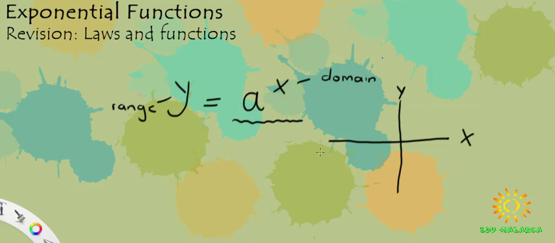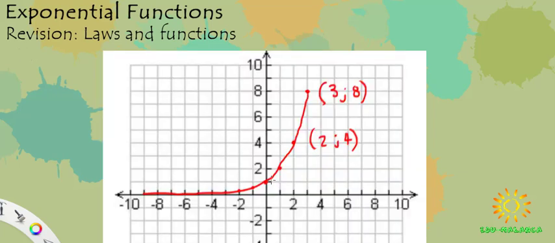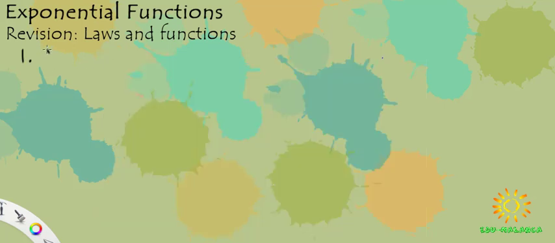You can make some changes to these features by translating the graph, but we're going to look at that more in detail when we are doing examples. So let's continue and look at the features that we can see on this graph.